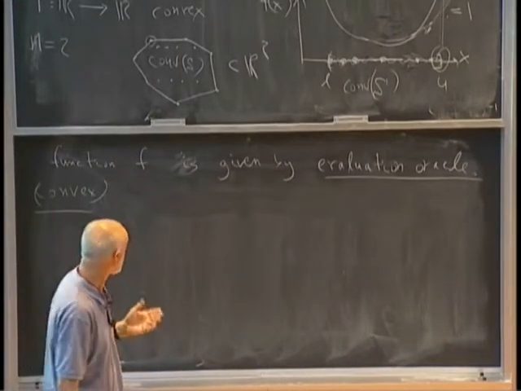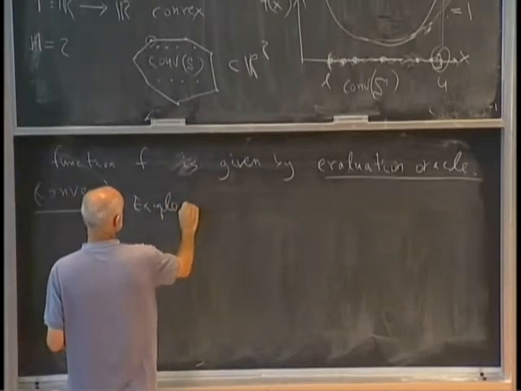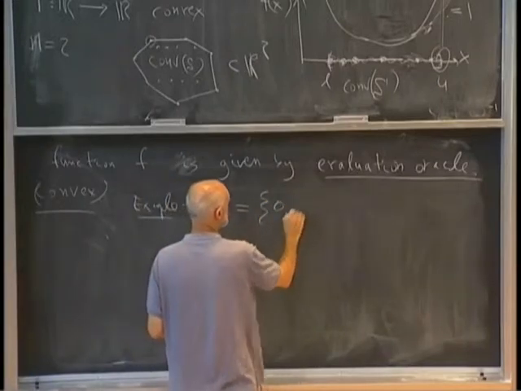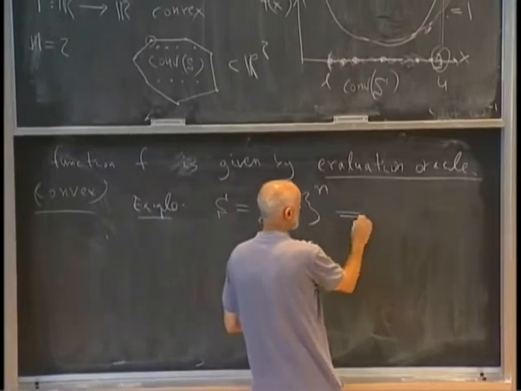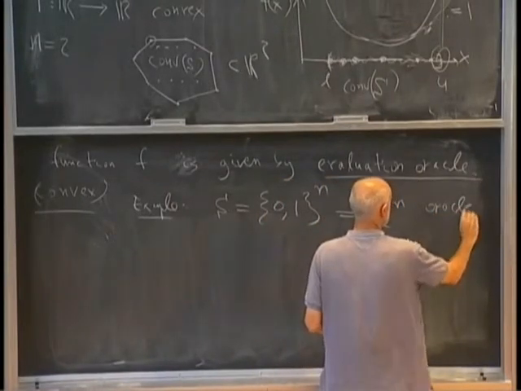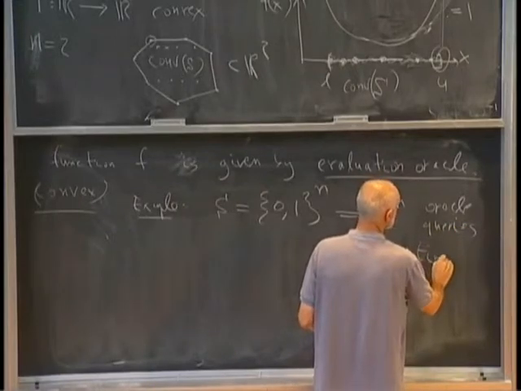You actually need exponential time. So here is a very simple example. If you take S to be the set, it's a 0, 1 problem, simply all 0, 1 vectors, then you need 2 to the n oracle queries. So exponential time.